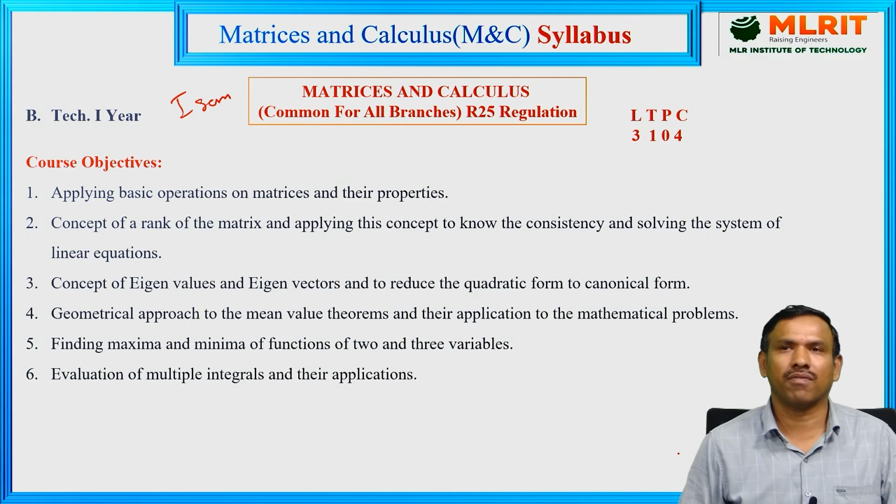This is an application of differentiation, maxima and minima, partial differentiation, evaluation of multiple integrals and their applications, more than one integral, double integrals and triple integrals, and especially their applications: area, volumes, change of order of integration. All these we discuss under this course.